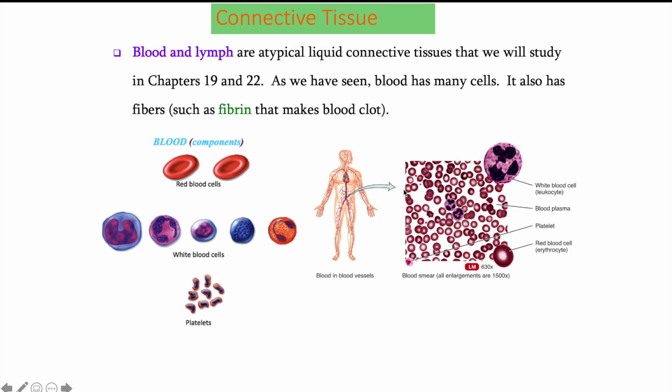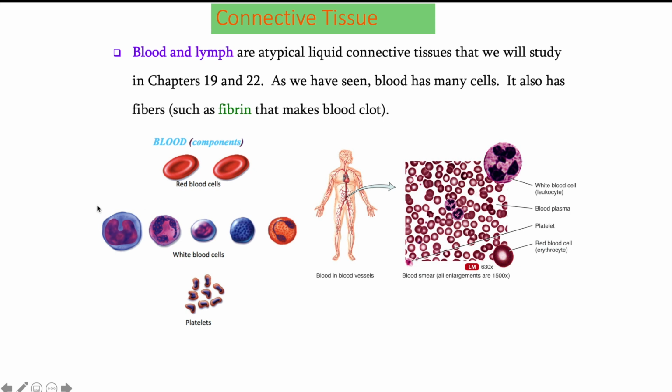So when you look at this slide over here, most of what you see are red blood cells. Sometimes we say RBCs. A more scientific term is erythrocyte for a red blood cell. And so that's an erythrocyte, that's an erythrocyte, that one, and that one, and that one.